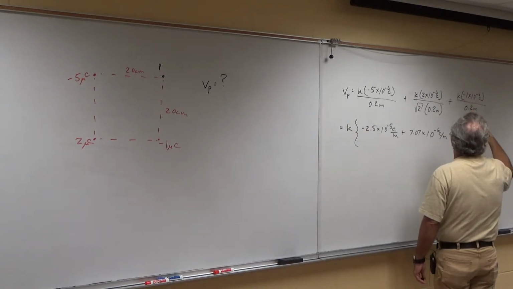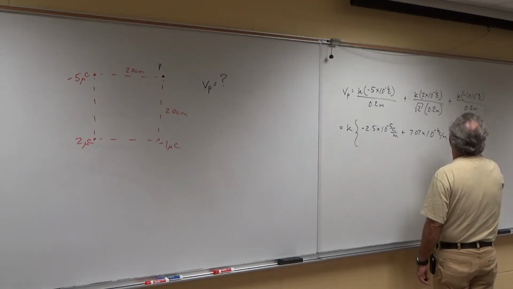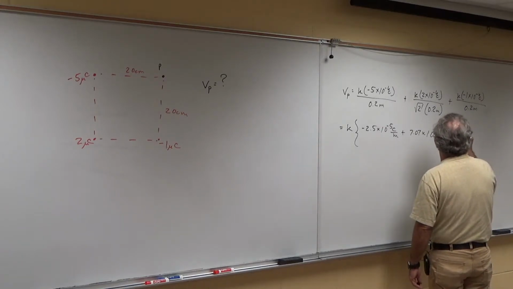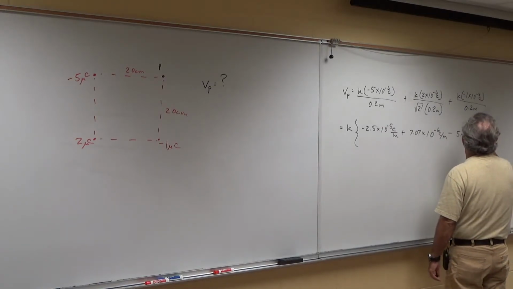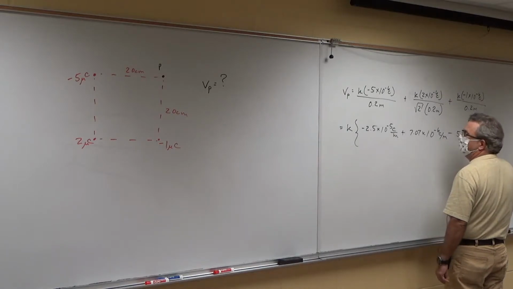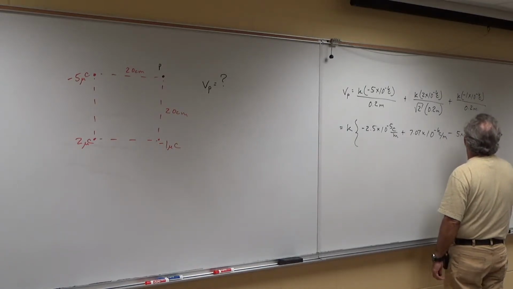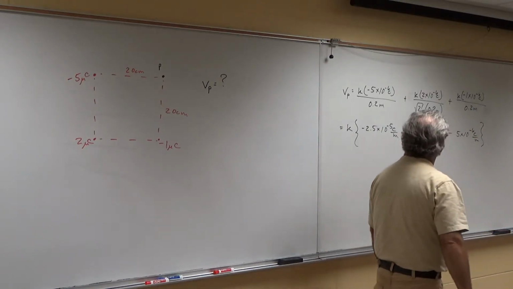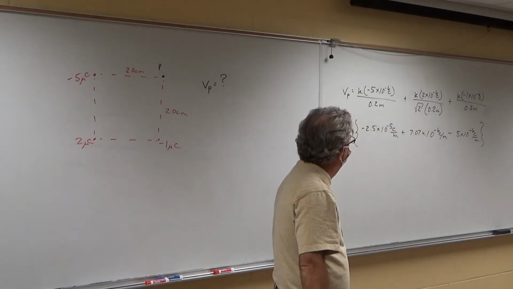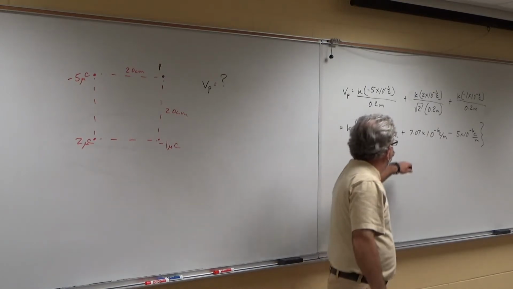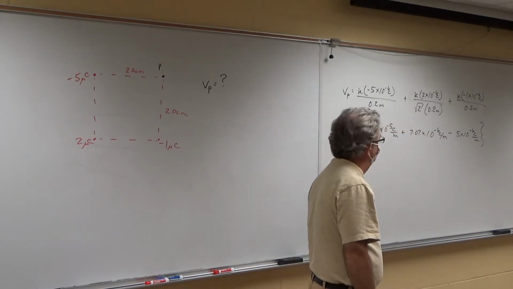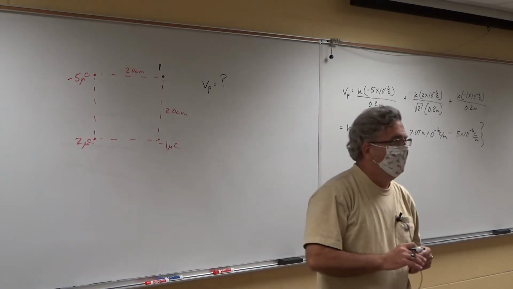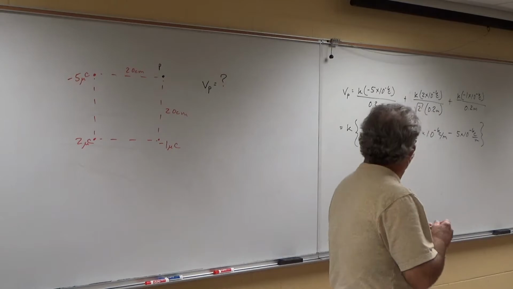Plus, not plus, minus, I'm almost messing that up, 5 times 10 to the -6 coulombs per meter. Did I get that right? This is the one that's iffy. No, you got the middle one right. Okay. I got them right? Okay.